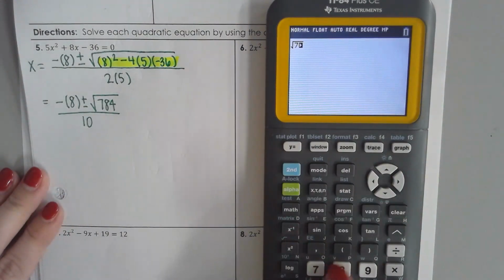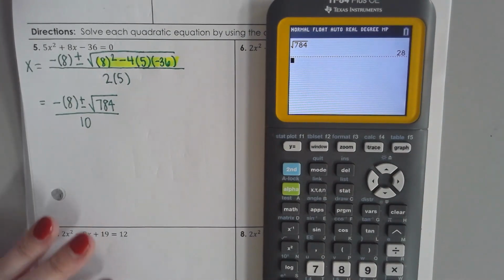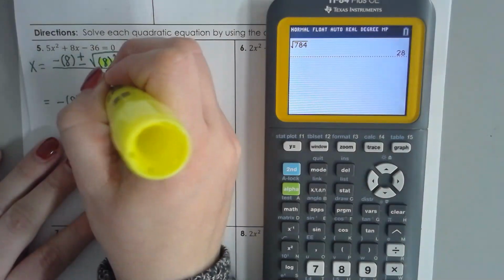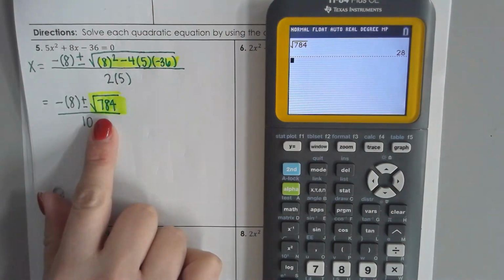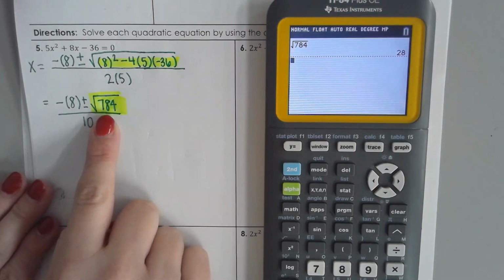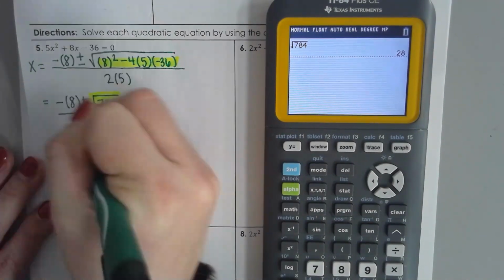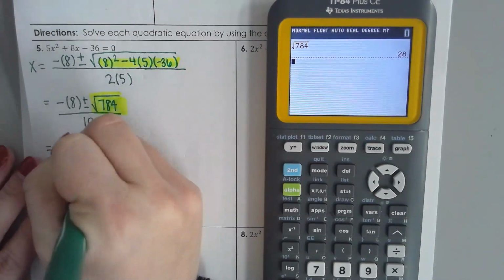No idea. So let's see. It is. So that's good. That means we're going to have nice whole numbers. It's going to be a little easier for us. So I'm going to replace that whole square root of 784 with a 28. So negative 8 plus or minus 28 over 10.